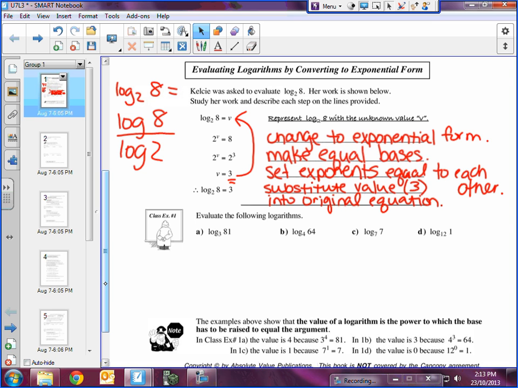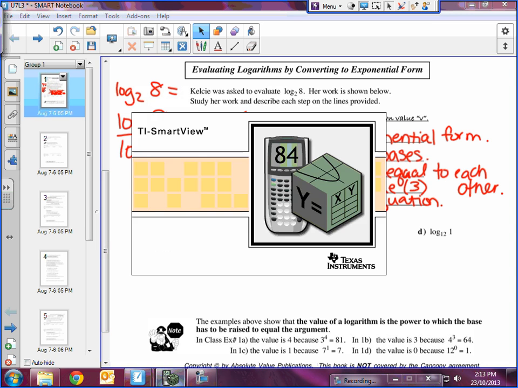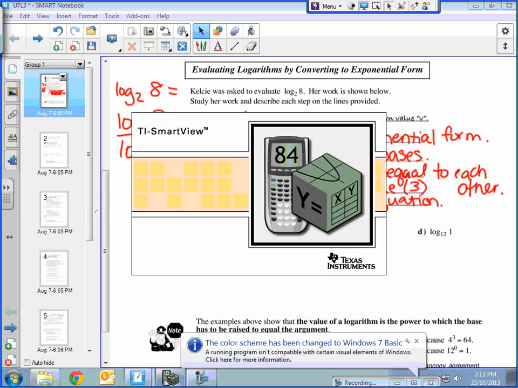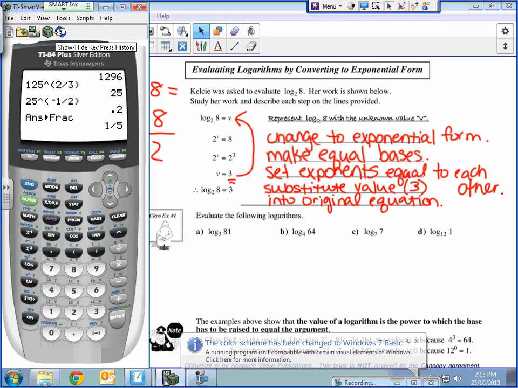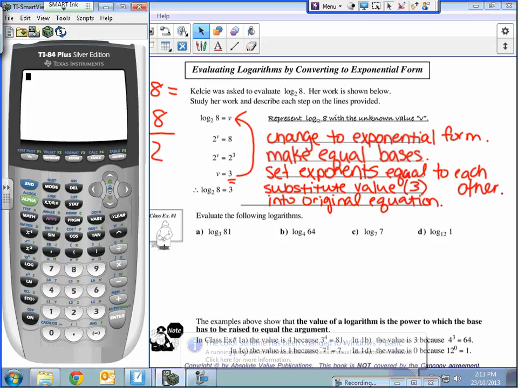So can we do a check for this? What is log of 8 base 2 equal to? To check it on your calculator, this would be showing your work. If I say do this on an assignment, you can check it on your calculator. You can just go log of 8 divided by log of 2. And it should be the same.